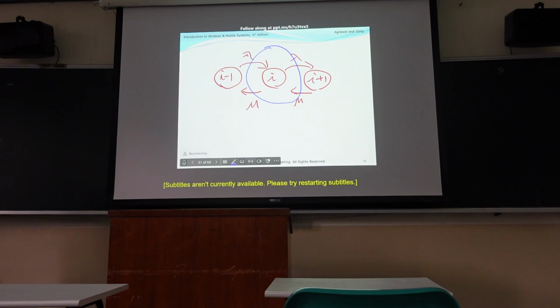Rate out. So first of all, rate out is equal to this. E of i multiplied by lambda and multiplied by mu. E of i is rate out. And how about rate in? We have this.